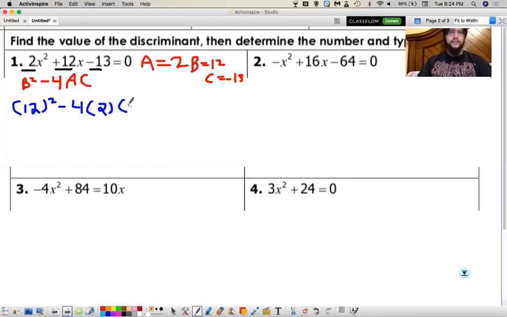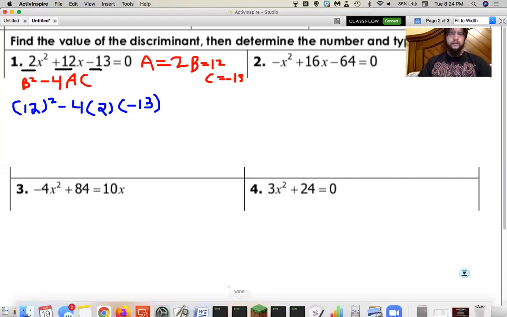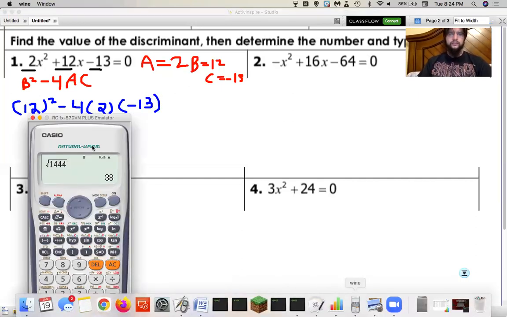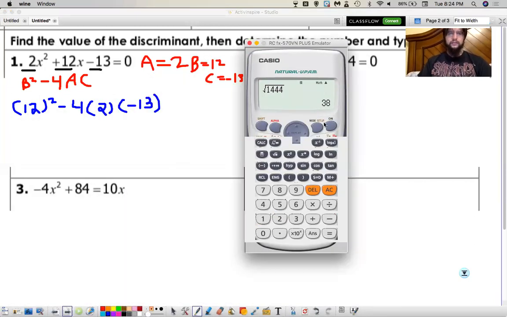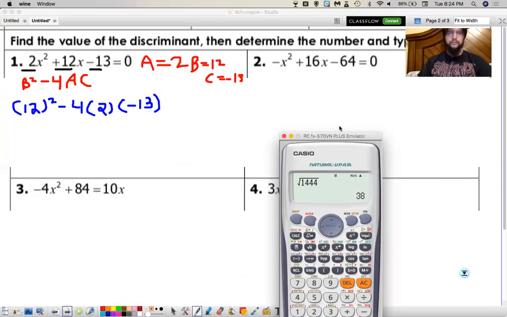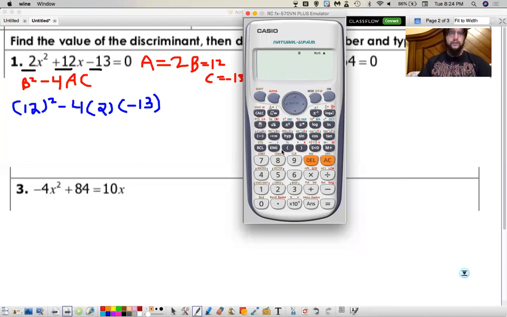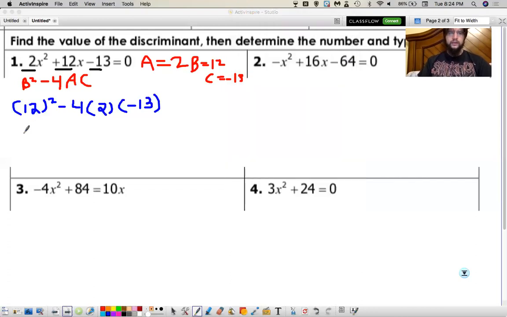And then we have c is negative 13. Take your calculator, type it as you see it: 12 squared minus 4 times 2 times negative 13. And that will give you 248. So D is 248.